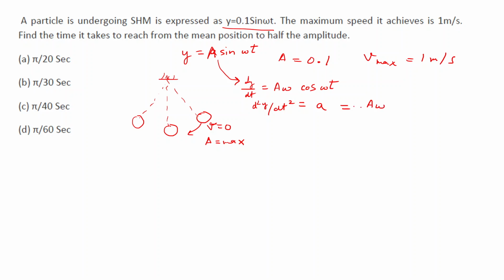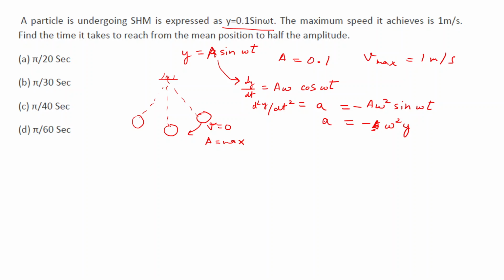Derivative of cos is minus sine omega t, and from here we'll get another omega, so this will become omega square. What this shows is that acceleration is minus omega square times A sine omega t, which is y.